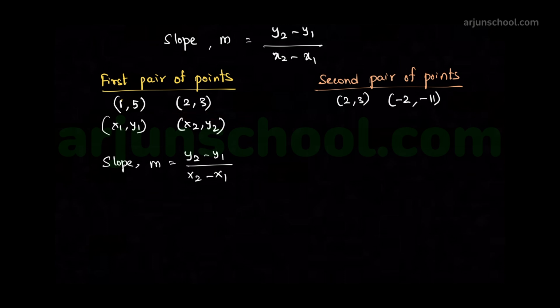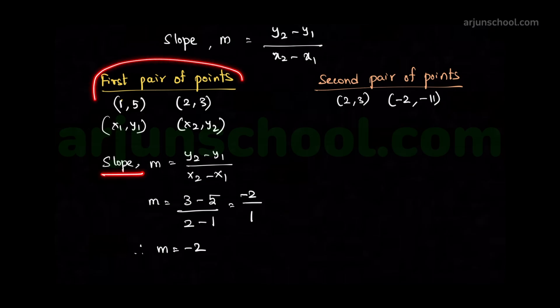Let us substitute the values. m = (3 - 5) / (2 - 1), which is equal to -2 divided by 1, which is equal to -2. Therefore, the slope of the line joining the points (1, 5) and (2, 3) is -2.